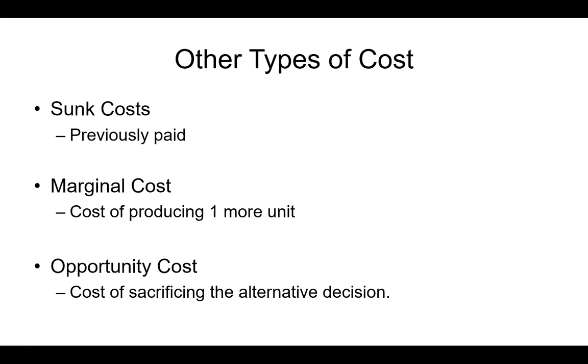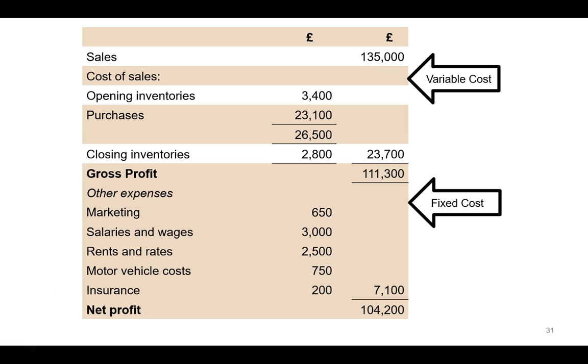So now there are other types of costs. We got a sunk cost, managerial cost, opportunity cost, but we've not been doing this, but there are also different types of costs that are available. So if you look at your income statement, which we did last week, this is our variable cost, the cost of sales. So we know our sales coming in.